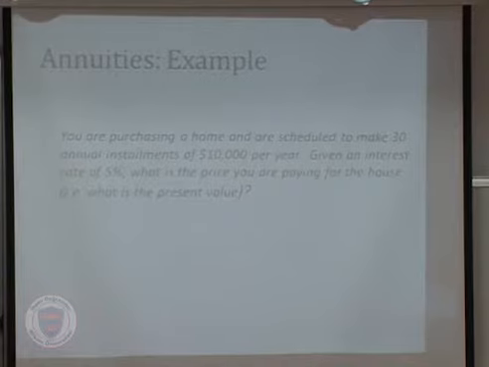If you want to buy a house, and suppose that you don't have any cash at all, you go to the bank and you say, I can make only $100,000 installment payments, and you can only pay it for 30 years. So the interest rate is 5% given by the bank, and that's the most price you can pay for the house. So the question says, what is the price you're paying for the house?